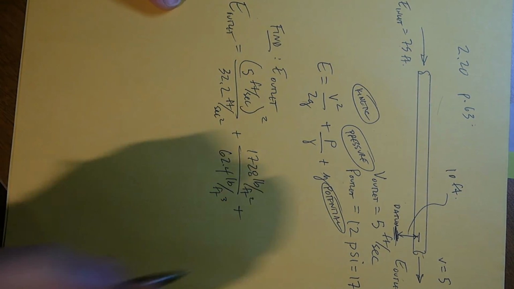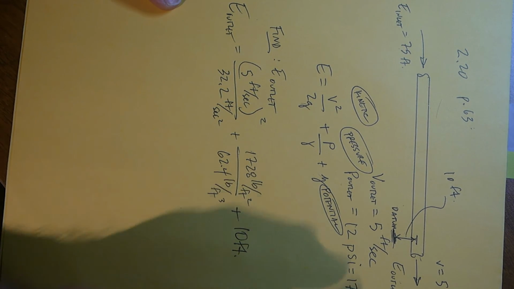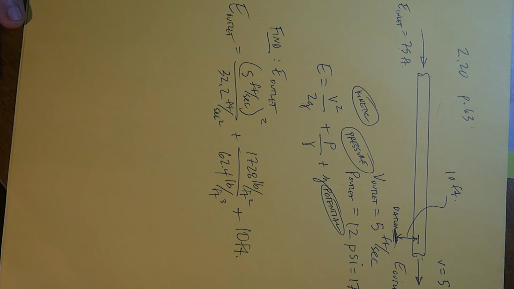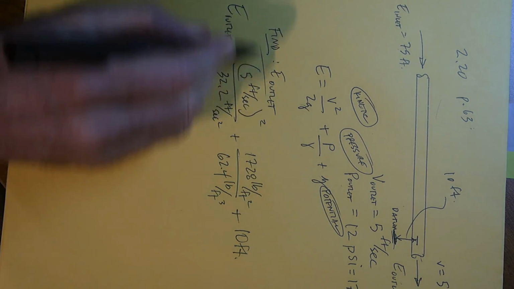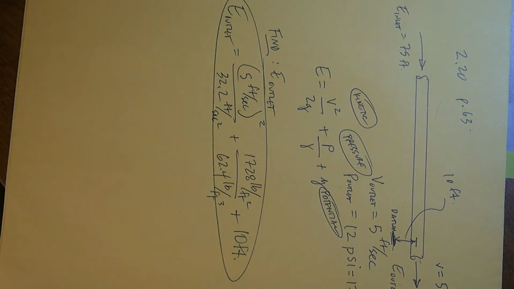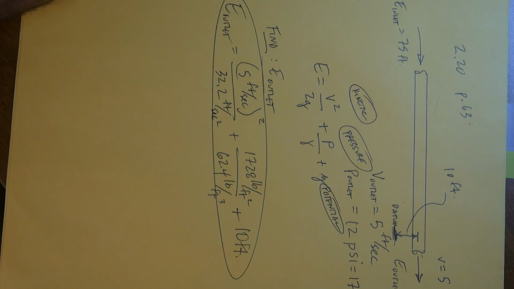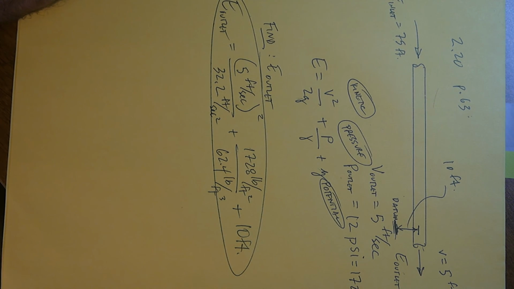Hopefully you can see that okay. So then you just add 10 feet, and the units work out. Okay, so this is the energy at the outlet. If we subtract that from the energy at the inlet, we know how much was lost, and then we have to convert it to horsepower. That is your task. So that should help you get going on problem 220.